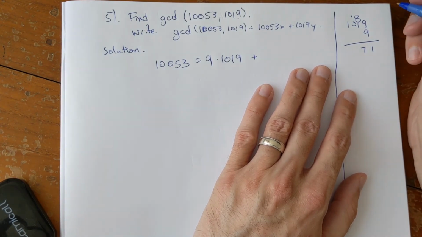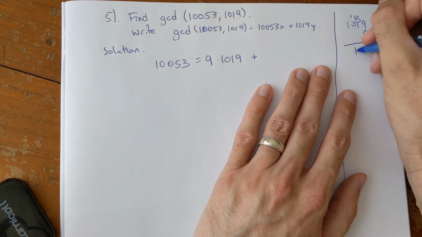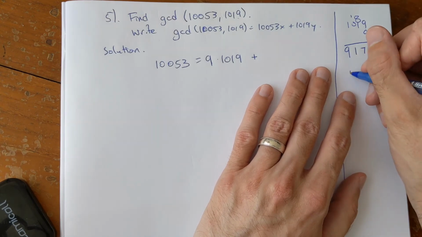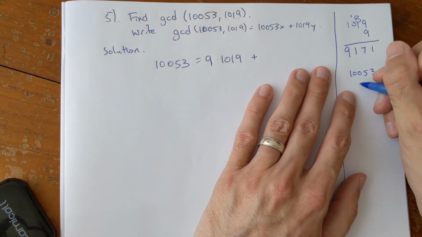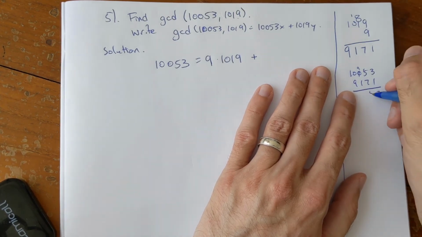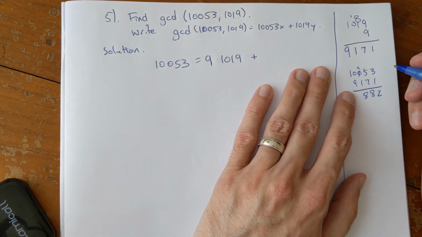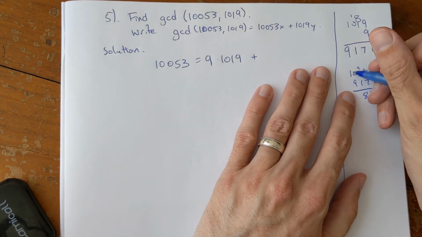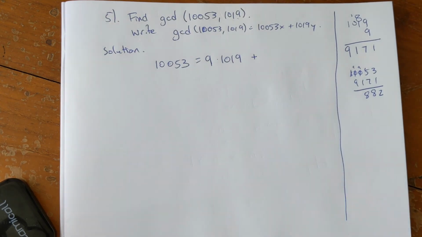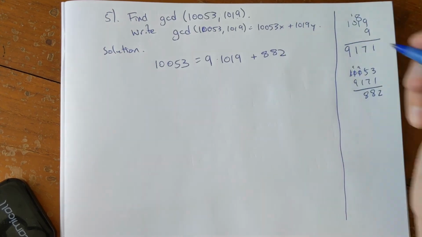We get a remainder of 882, unless I forgot how to subtract.